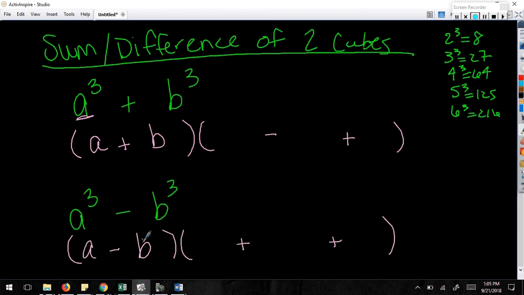Pattern, here we go. Square the first. Cube the second. Multiply them together. Square the last. That's the pattern. Same, change, plus, A and B, and then square it together.